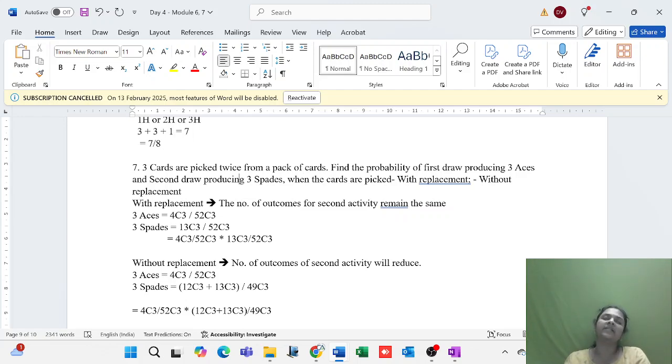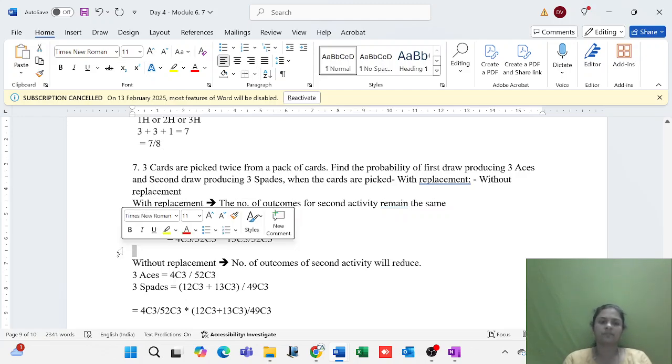Again, for the second set of outcomes also 52 cards. Whereas in without replacement, in the second activity, the number of outcomes will reduce. First 52 cards, if you take 3 cards, in the second activity 3 cards will reduce. I will be left only with 49 cards. So that change will happen when you do the question with and without replacement.